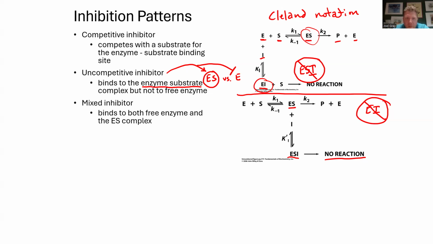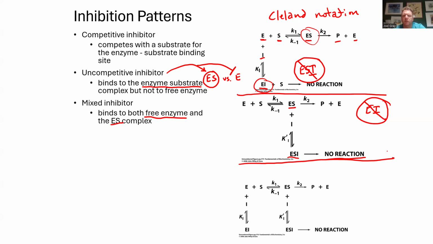Now, our next type of inhibitor is a mixed inhibitor. A mixed inhibitor is a type of inhibitor that can bind to the free enzyme and the ES complex. So let's go ahead and draw a line there and show what that looks like.